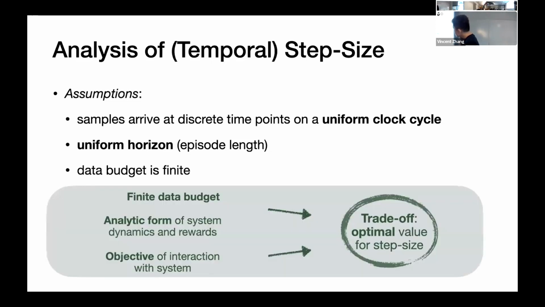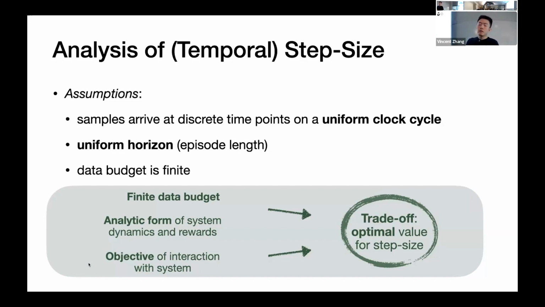Okay, so here's what we want to get on a high level. Given finite data budget, if we pick some system that has analytic form of the dynamics and rewards, that makes it easier to analyze the system as opposed to some black box system.